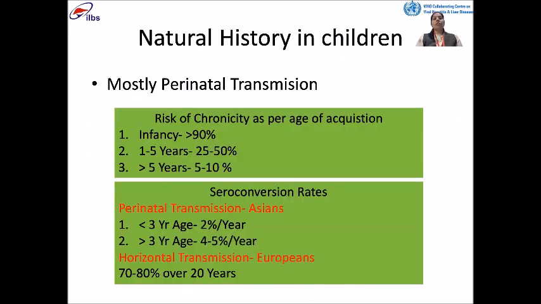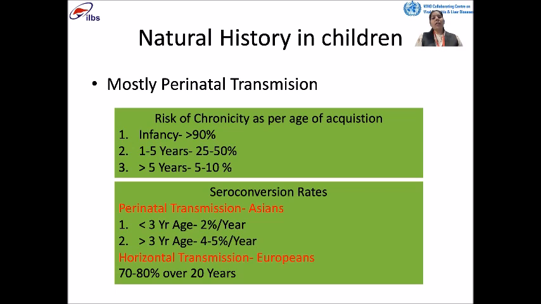Next, let us see the natural history in children. Mostly it is perinatal transmission, as we've already seen, mother to child, that is vertical transmission. Let us look at the risk of chronicity as per age of acquisition. If the infection occurs during infancy, more than 90% of persons are affected.